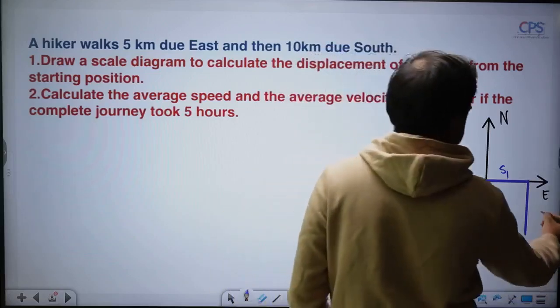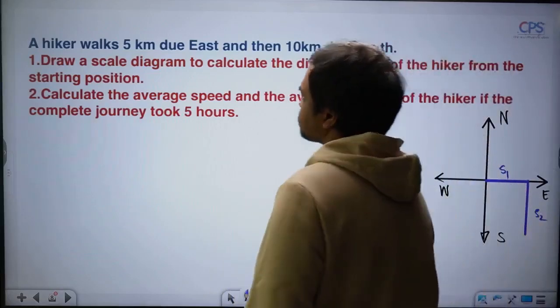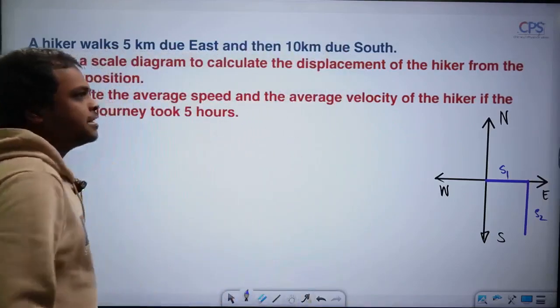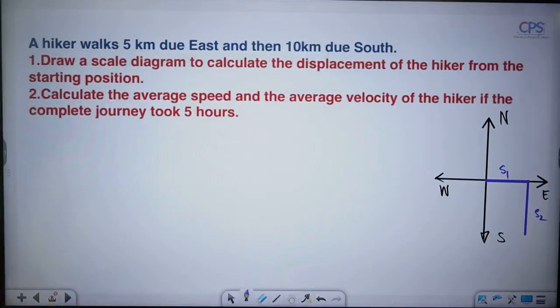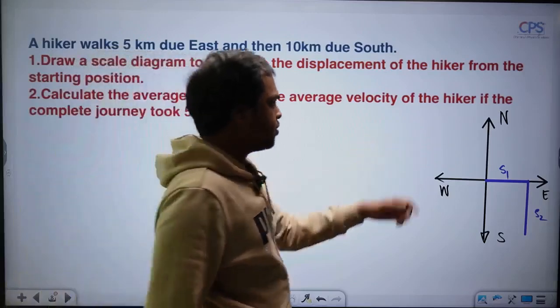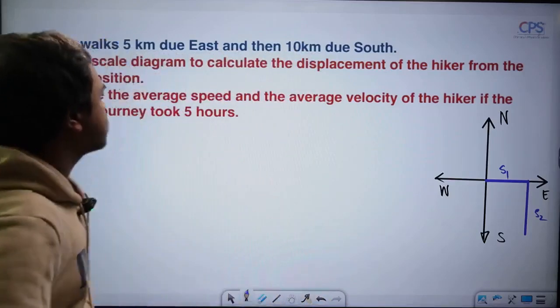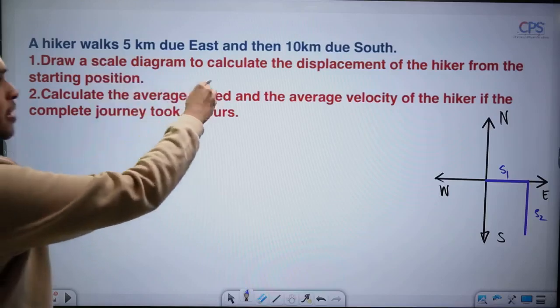Nice, S2. Draw a scale diagram to calculate the displacement of the hiker from the starting position. We have actually drawn the diagram here. Draw a scale diagram to calculate the displacement.